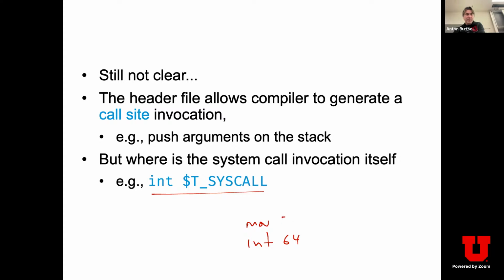So EAX, some number, let's say 5, right? You need this sequence and you need a label, because the compiler will be looking for this label in the object file to link against it, right? We just saw that it generated the call site. Literally your sequence should be something like this, right? Agree?